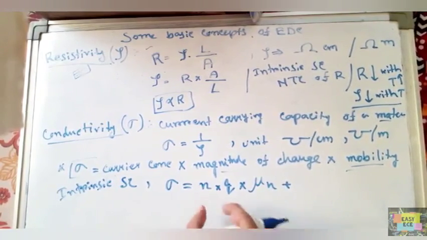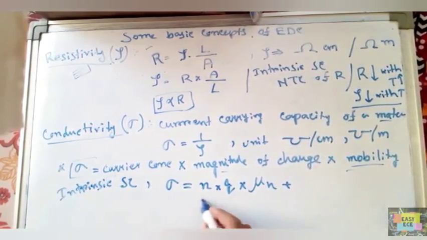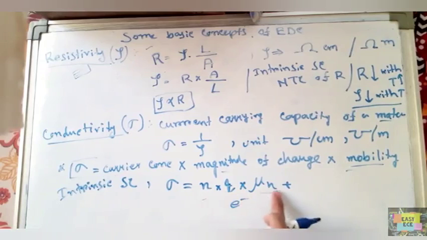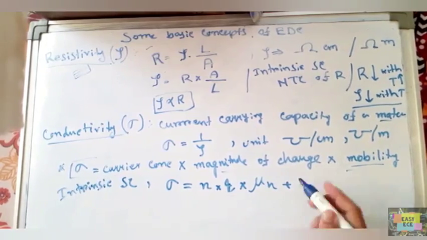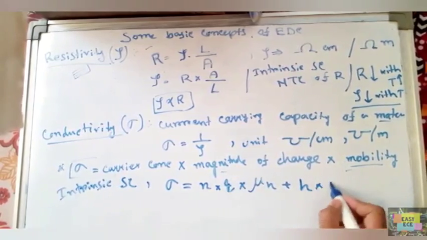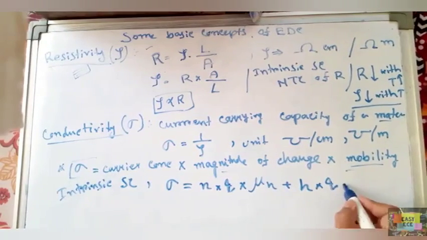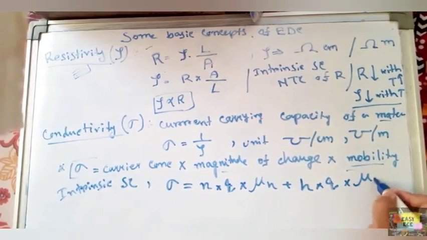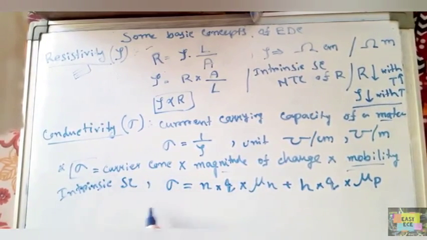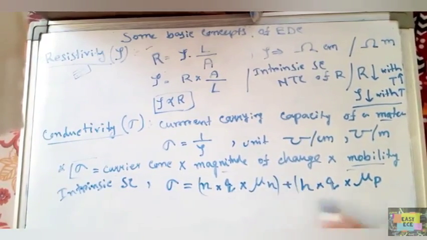So that is why n q mu n for electrons, plus hole concentration p into magnitude of charge q into mobility of hole mu p. So for intrinsic semiconductor, that is pure semiconductor, sigma equals n q mu n plus p q mu p. This is the formula for finding the conductivity.